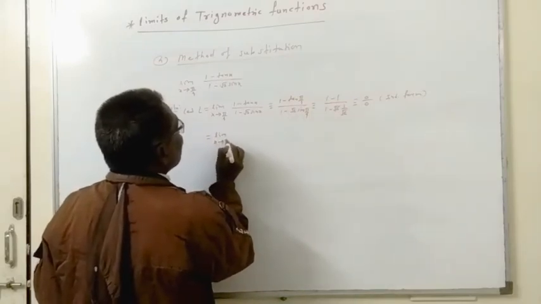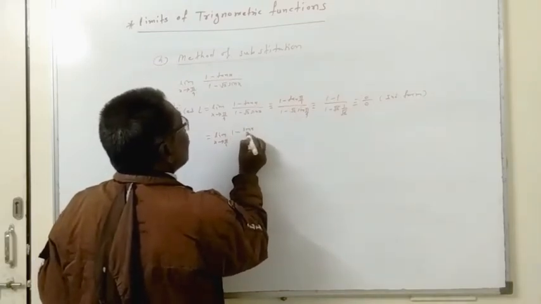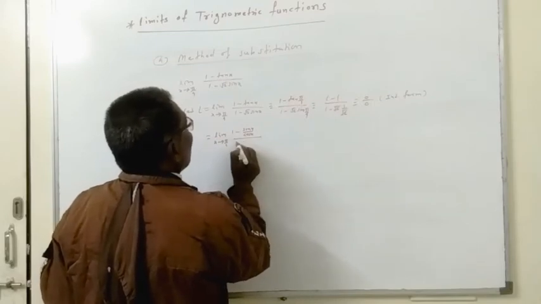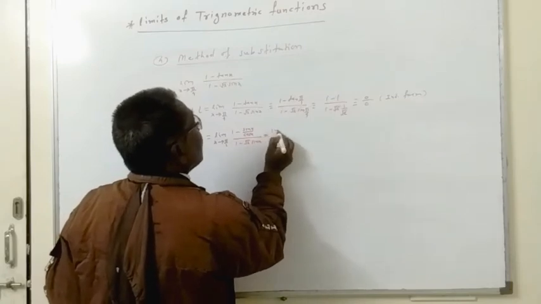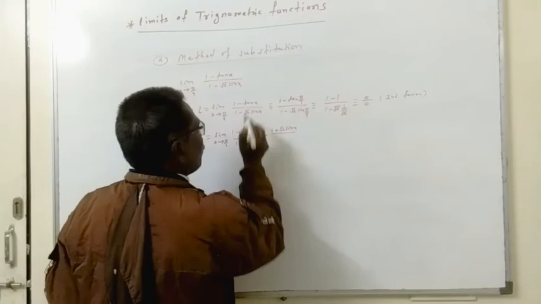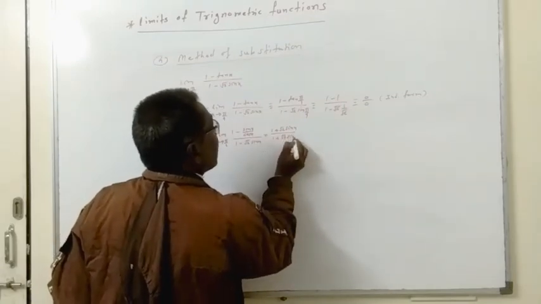So limit x tends to pi by 4, 1 minus tan, meaning sin x upon cos x, divided by 1 minus root 2 sin x, into 1 plus root 2 sin x. This is the method of rationalization as there is a root function here. So divided by 1 plus root 2 into sin x.